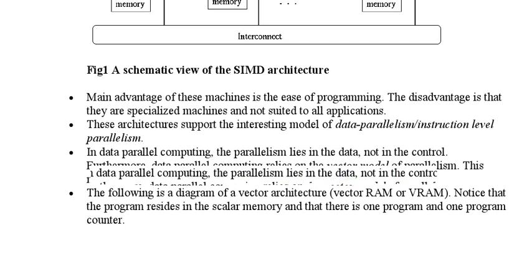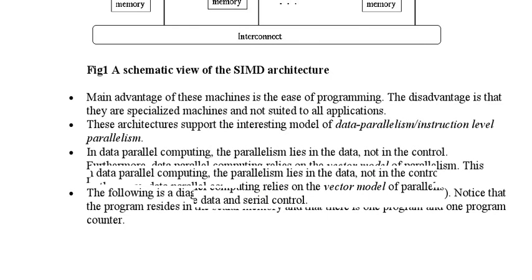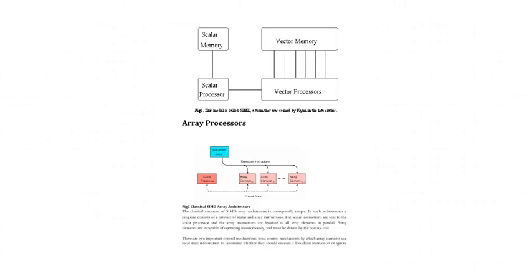Data parallel computing relies on the vector model of parallelism, which we are going to learn in this module itself later on. This model assumes multiple data and serial control. So next you have a diagram.